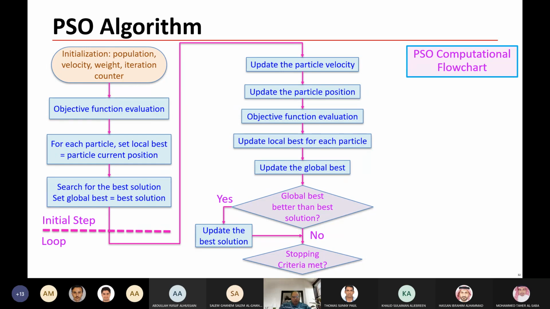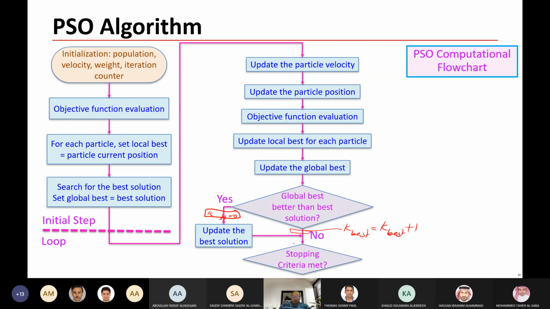If you go in this branch and you update the best solution, then you can reset the counter kbest equal to 0. But if you don't, then you set kbest equal to kbest plus 1.